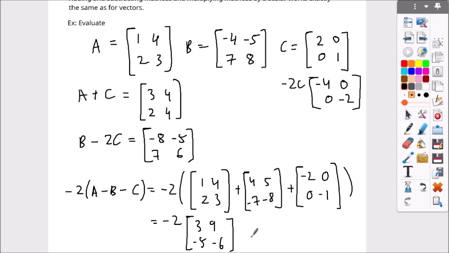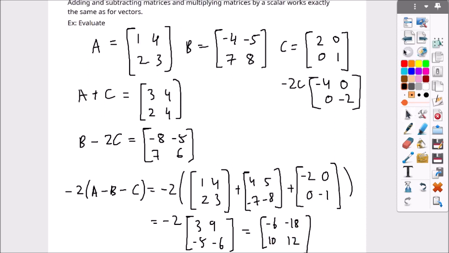So negative 2 times that is equal to negative 6, negative 18, positive 10, positive 12. And that's how you multiply matrices by a scalar. And that's going to be it for the review. We will start with our real lesson, 1.1, later on in this week. I will see you guys for that lesson.